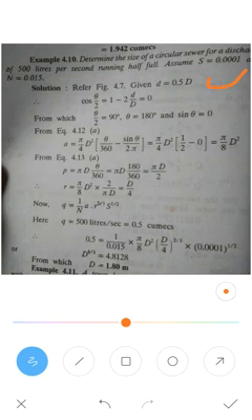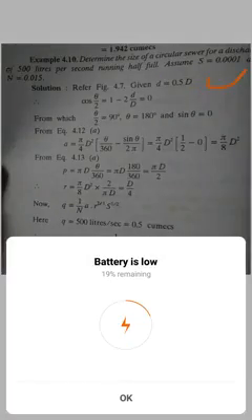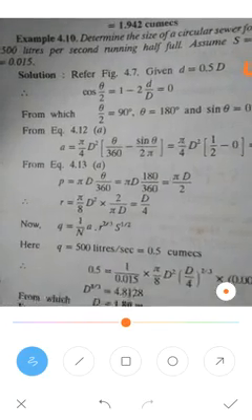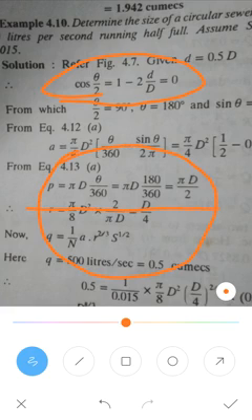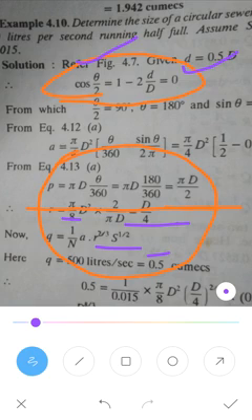When it is running half, you have to remember this formula. See here, this is the section when it is half. When it is flowing half, then this cos theta by 2 will be equal to 0, only in this case of the circular section.